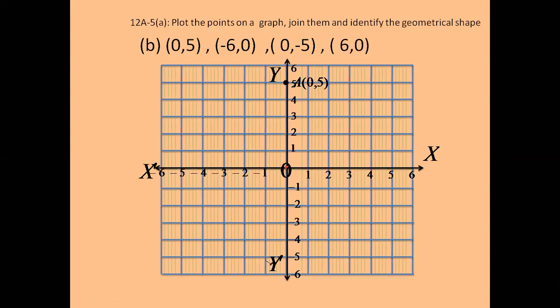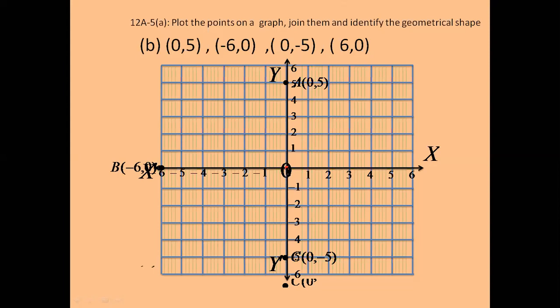Minus 6 means it will go to the left side along the x-axis. Okay, left side, and 0 means no y value, so at 6 we will give the point, because we do not have to go up or down since no y value is given. Now the third point is 0 comma minus 5, no x value has been given.